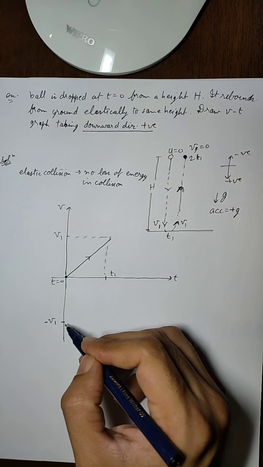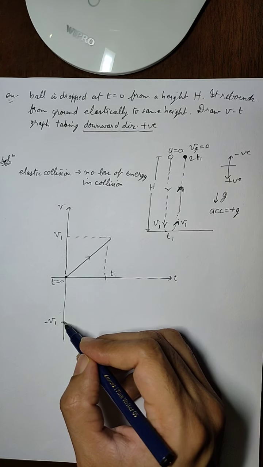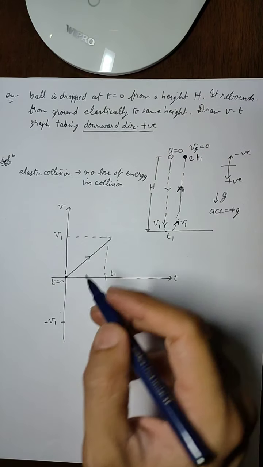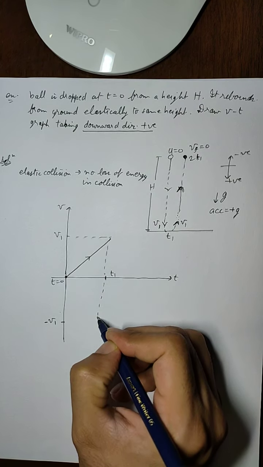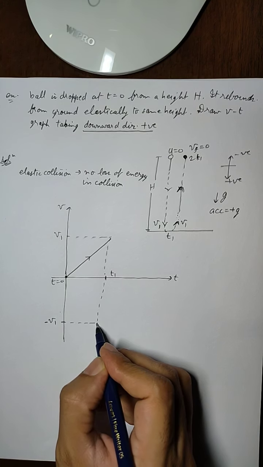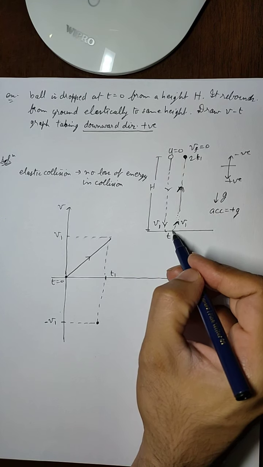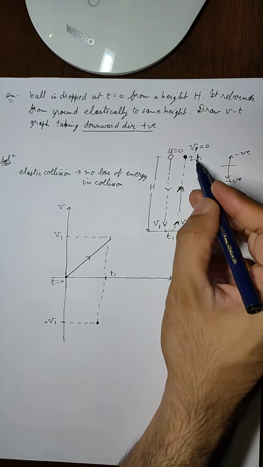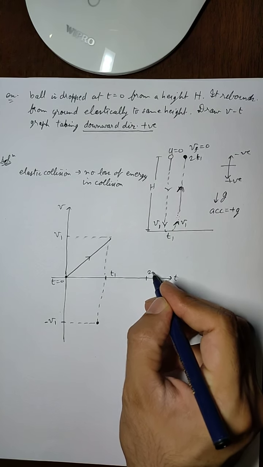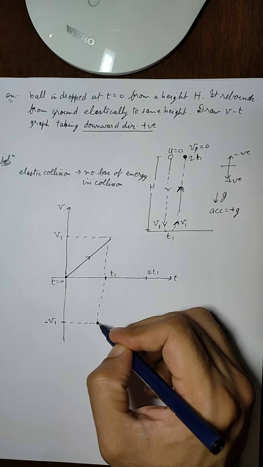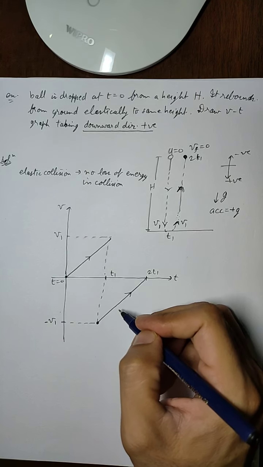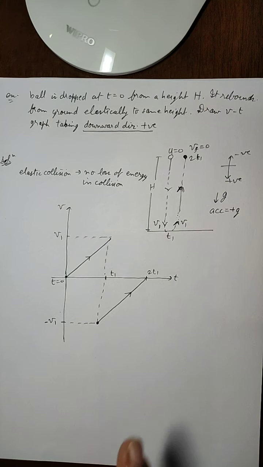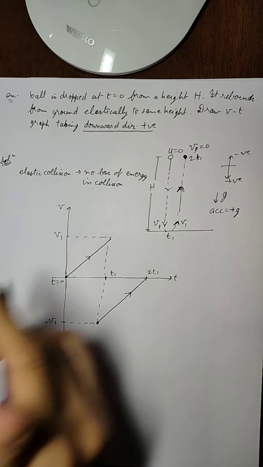So the value of velocity will start from minus v1 and it will go towards 0 because of deceleration. So at t1 the velocity is v1, and then at 2t1 this velocity becomes 0. So from minus v1 the velocity will go like this. So this will be the velocity time graph of this particular situation.